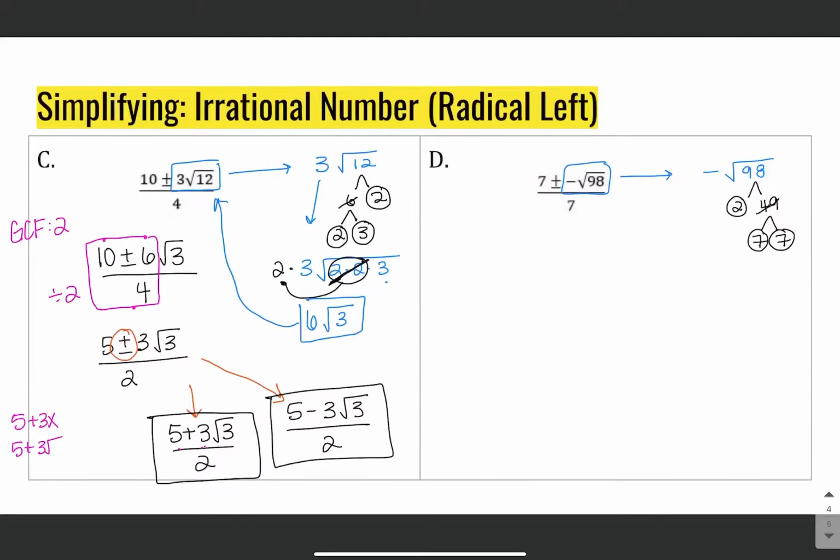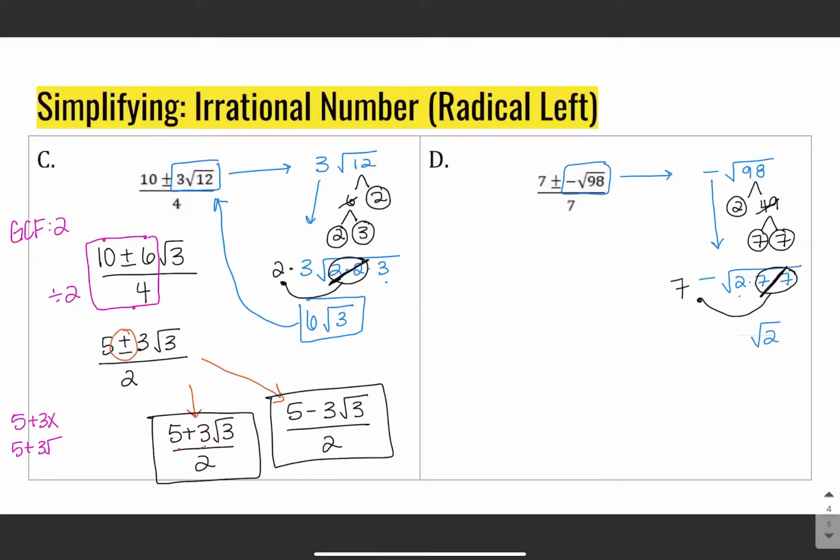So I'm going to rewrite. Don't forget you have that negative sign in front. So you're going to have a negative and then radical 2 times 7 times 7. And again, there are 2 7s. So I'm going to be pulling 1 and multiplying that on the outside. Notice I have a number left over. I have a 2 left over. So I'm going to have radical 2.